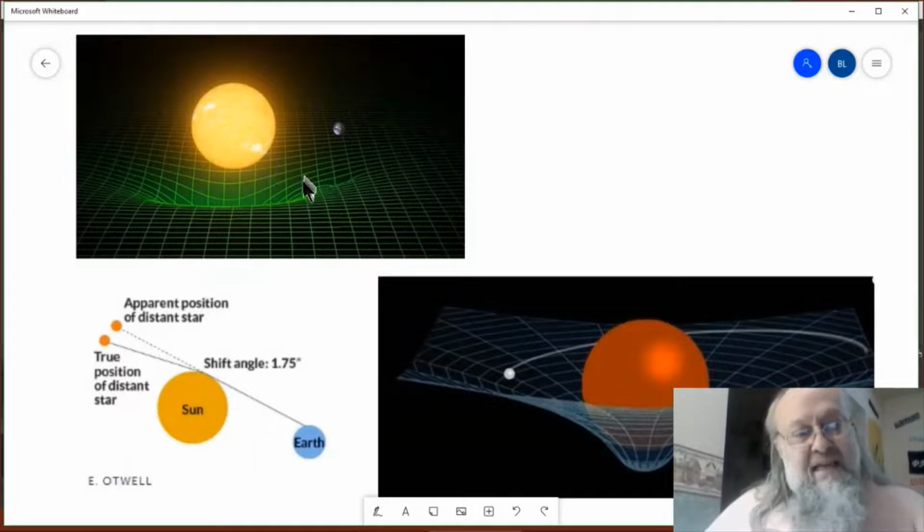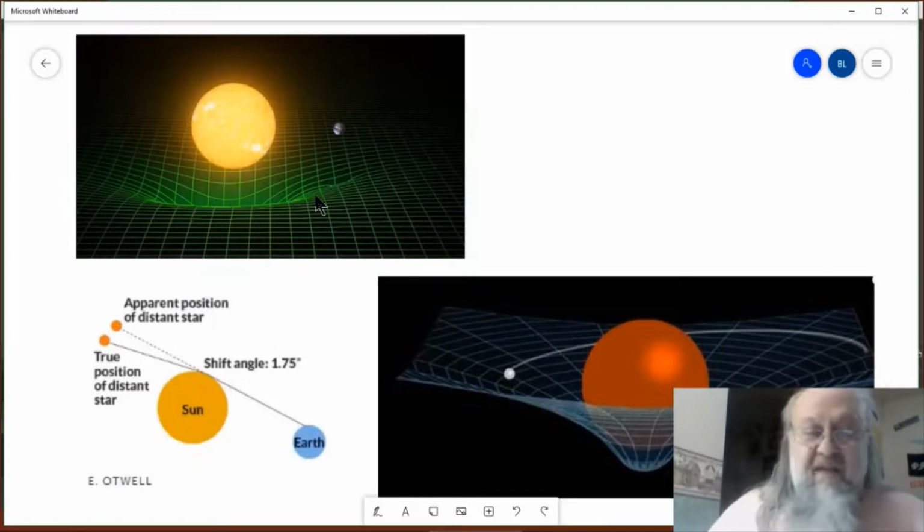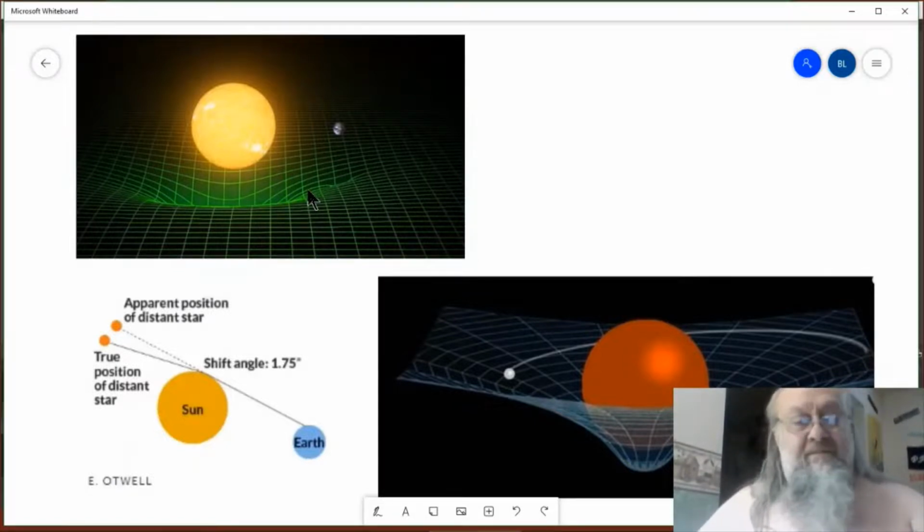But he hypothesized, and they've proven this many, many times that it seems to be accurate, that a huge mass, what it does is it bends space. And there's another little bend here for this one, smaller because it's smaller.